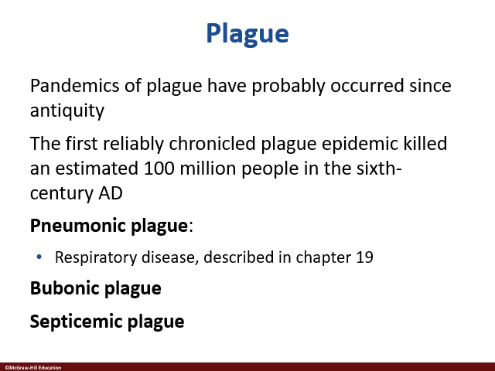6th century AD, what historians attribute to one of the things that truly put the Western world, basically Europe, into the Dark Ages was the plague.